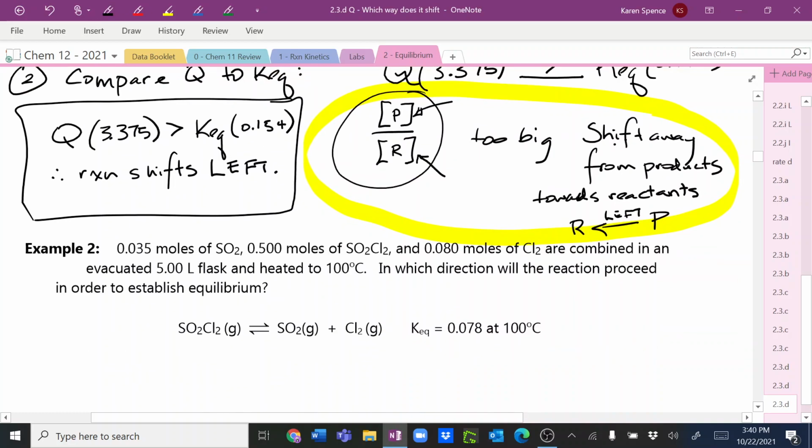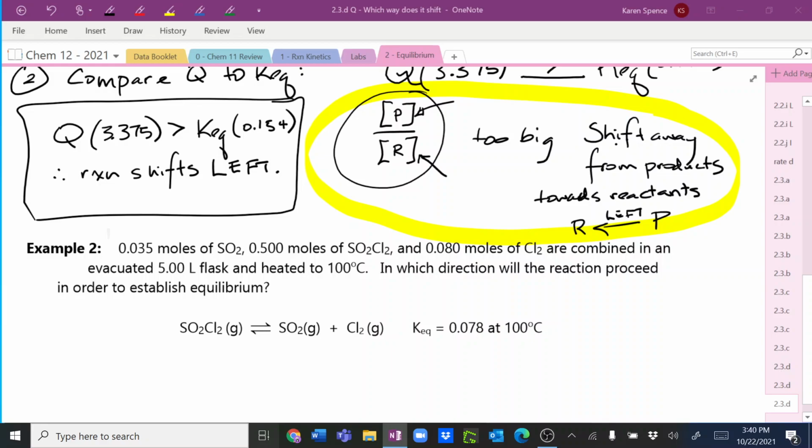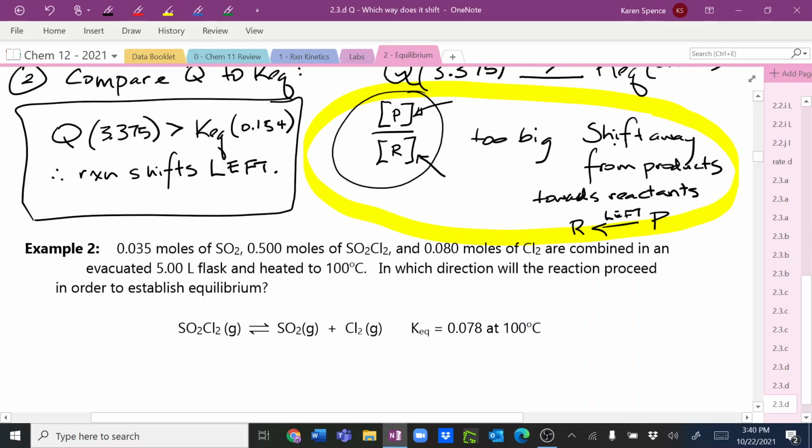Okay, let's try another one. And this one is going to require us, we have a 5-liter flask, which means that my concentrations are not trivial. I don't have a 1-liter flask, so my math is not trivial.